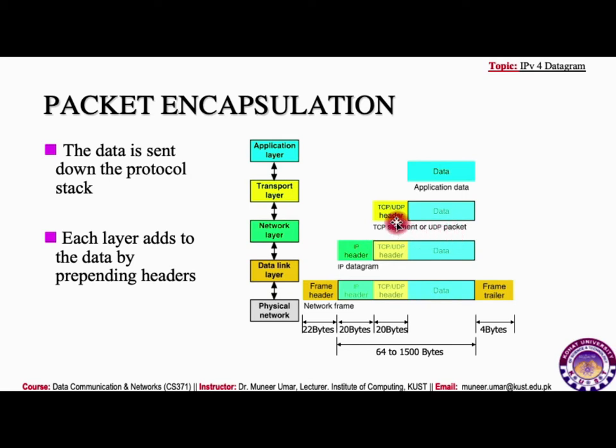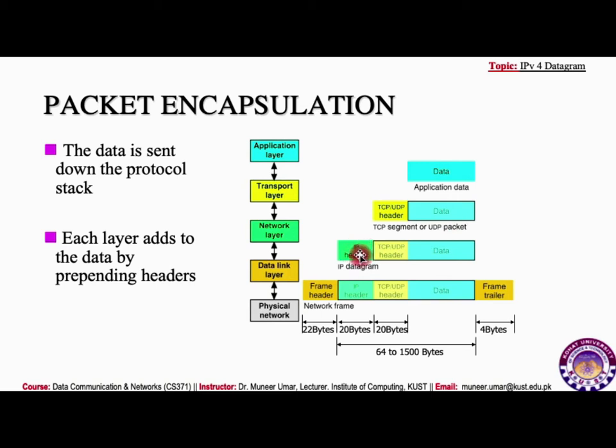Here, the TCP or UDP headers are appended to the data. Then at the network layer, the IP header is attached to this segment or packet, and this becomes the IP datagram. Actually, in today's lecture, we will study this IP header.